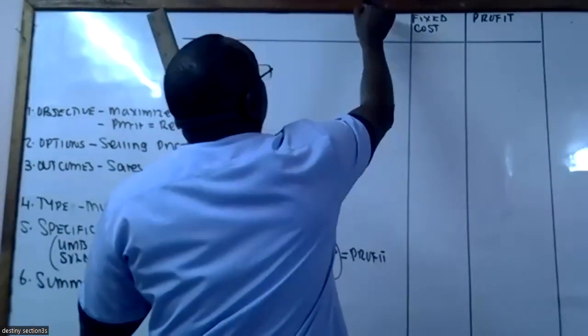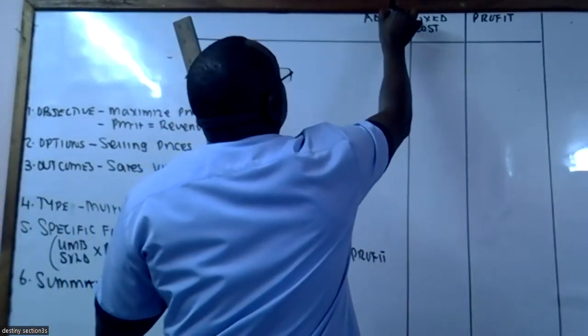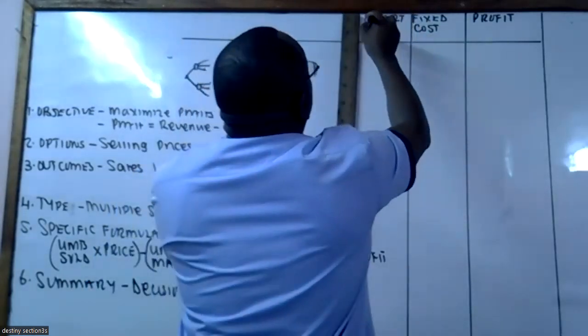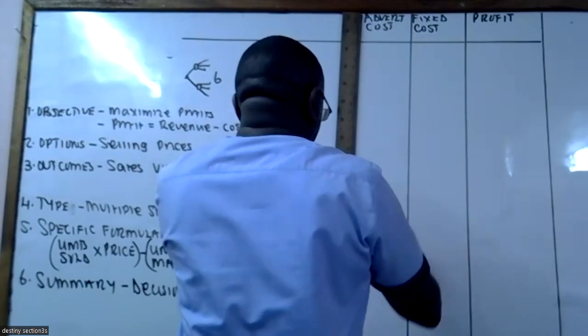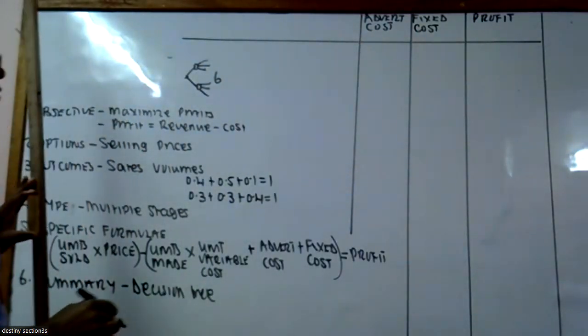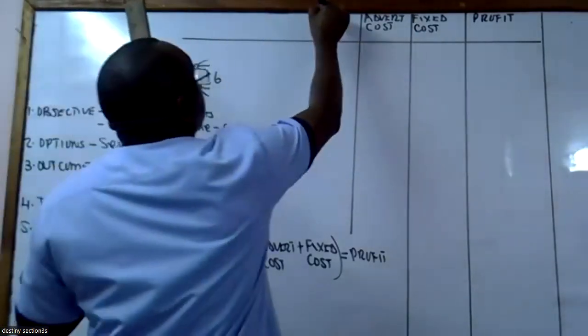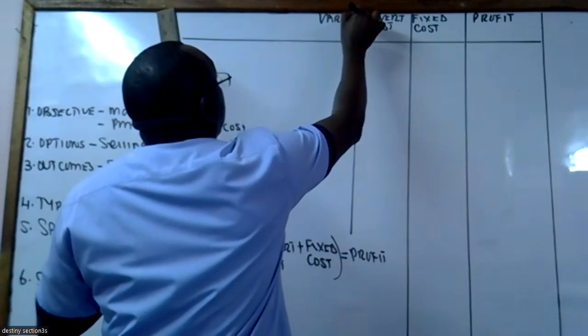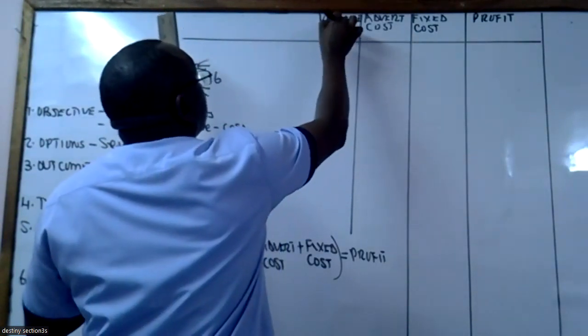Then I have advert costs. Then I will have variable costs.